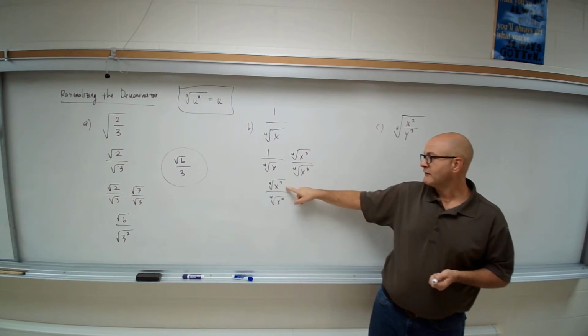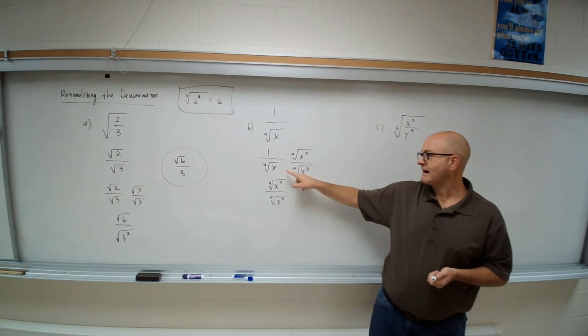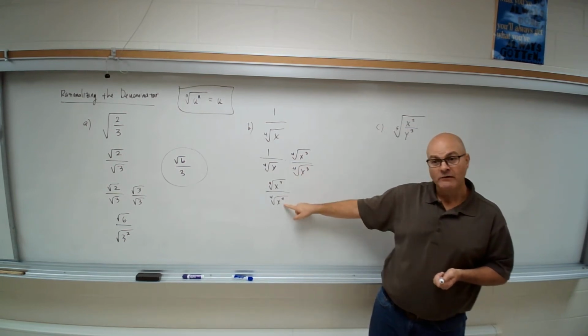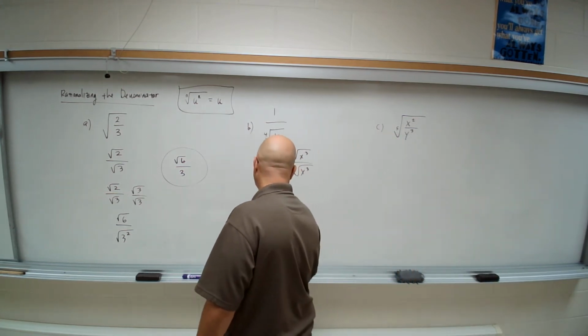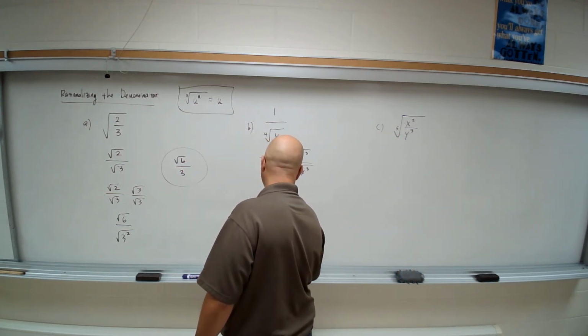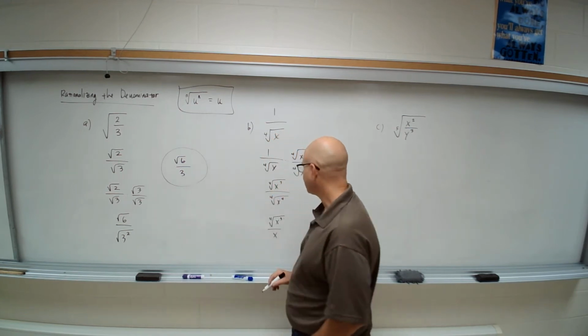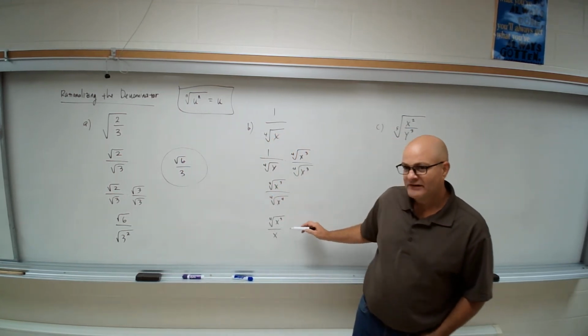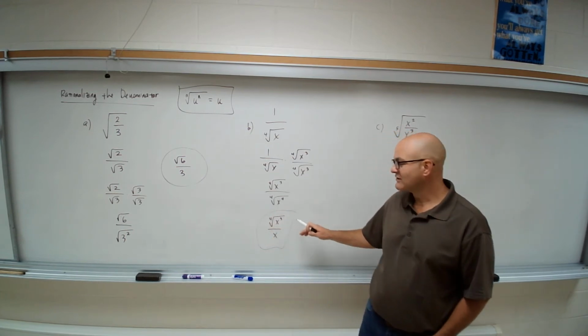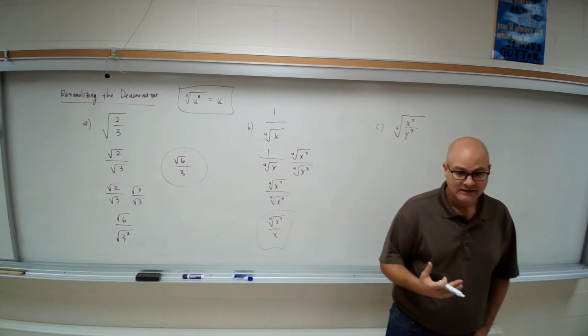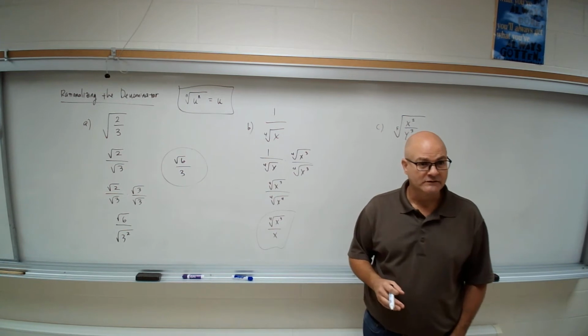Then here we get the fourth root of x cubed times x cubed, and this would be x times x cubed, which is x to the fourth. So the fourth root of x to the fourth would just be x, and we have the fourth root of x cubed over x. Now up top, you can't really simplify any. There are other ways you could write that expression, a bunch of other ways, but this is going to work for us for now.